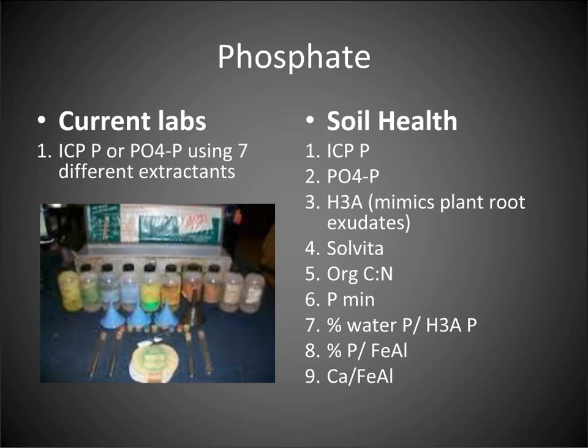We look at that ratio. We look at the amount of phosphate that comes off the ICP and divide that by the iron and aluminum to get an idea of the P saturation on iron and aluminum sites. We also look at calcium and divide that by iron and aluminum for a ratio to give us an idea of where the pH is and what's happening with the chemistry.